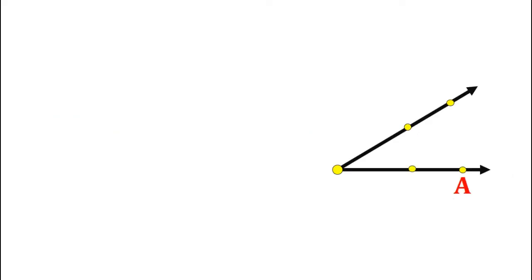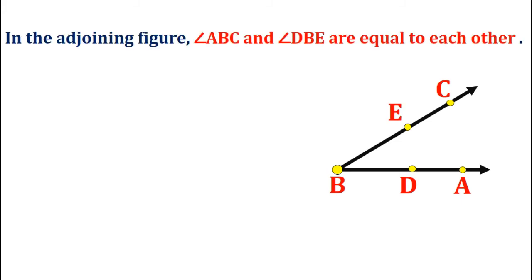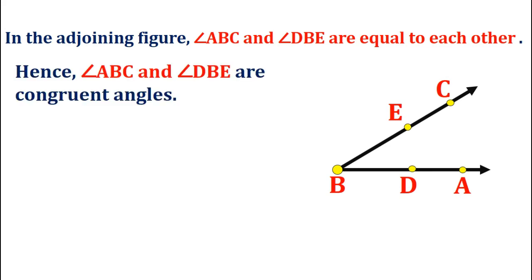Let us look at one more example where we have angle ABC and angle DBE. In the adjoining figure, we can clearly make out that both the angles, angle ABC and angle DBE, are equal to each other.